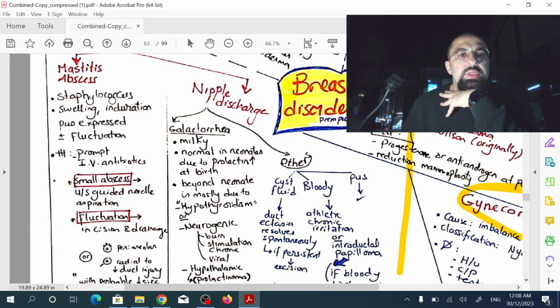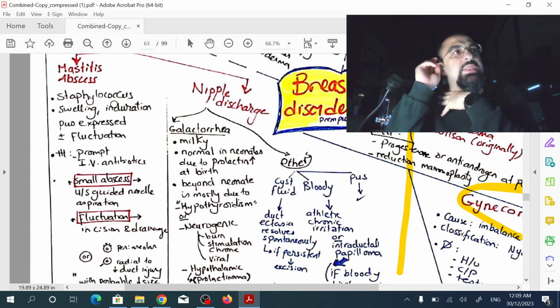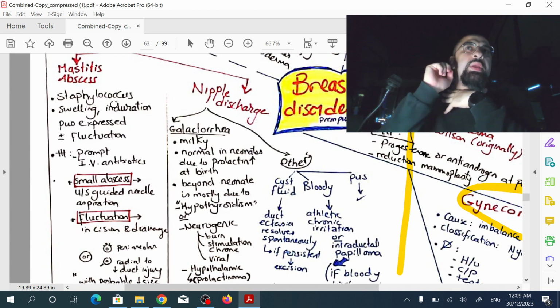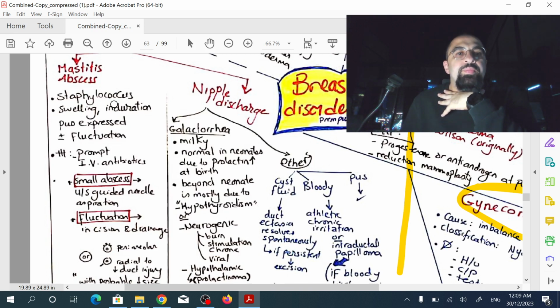This is a very common finding in neonates when a pediatric surgeon is experienced, and usually it starts with what is called neonatal gynecomastia, and then the relatives or the parents start to see milk discharge from the nipple.